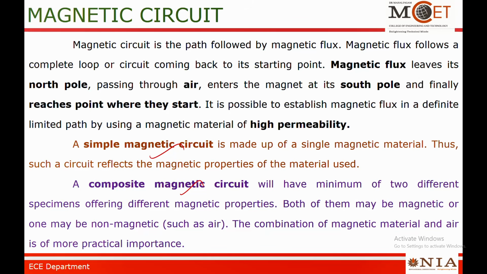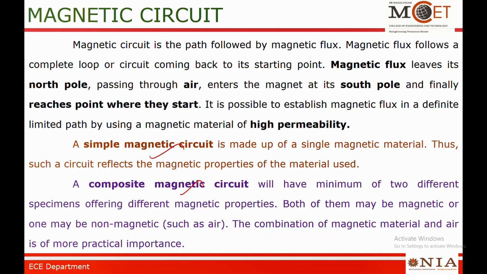Here we consider the non-magnetic parts, such as air space or vacuum, and the magnetic part also. The combination of magnetic material and air is of more practical importance. The single magnetic circuit is obtained by using a single magnet having two poles, north and south.